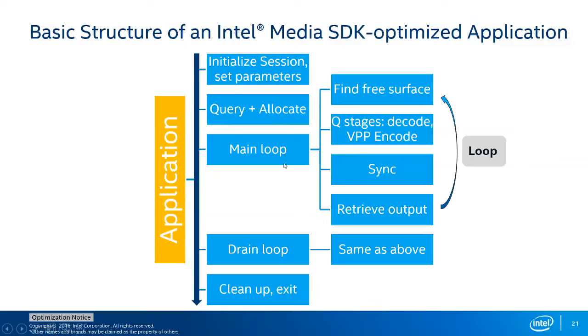Then there's a main loop, and I'll show a little bit more about that later. At the end, because it's asynchronous and frames are buffered, there's a drain loop to get the last few frames, but that's very similar to the other main loop. So it's usually not a big extra complication. Just wanted you to know that that's there.